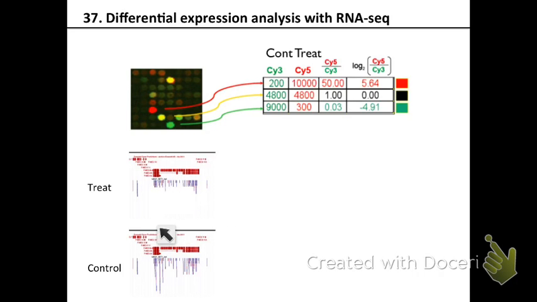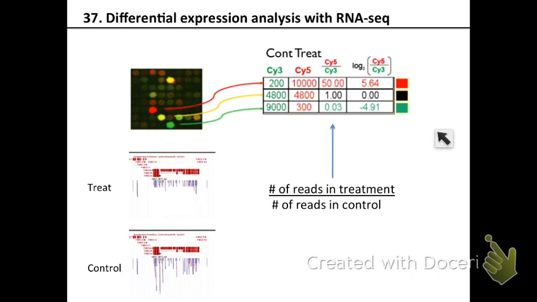So you can have your treatment and the control, and for each gene you can count the number of reads aligning to that gene. Then you can take a ratio and do exactly the same type of analysis as in microarrays. You can take that ratio, log transform it, color code it, and do clustering and any type of analysis that you want. Does that make sense? All right.